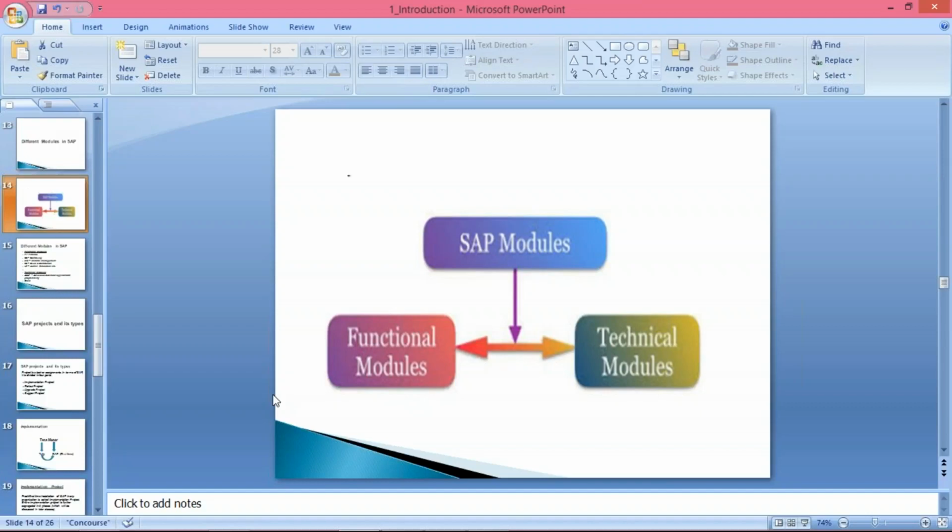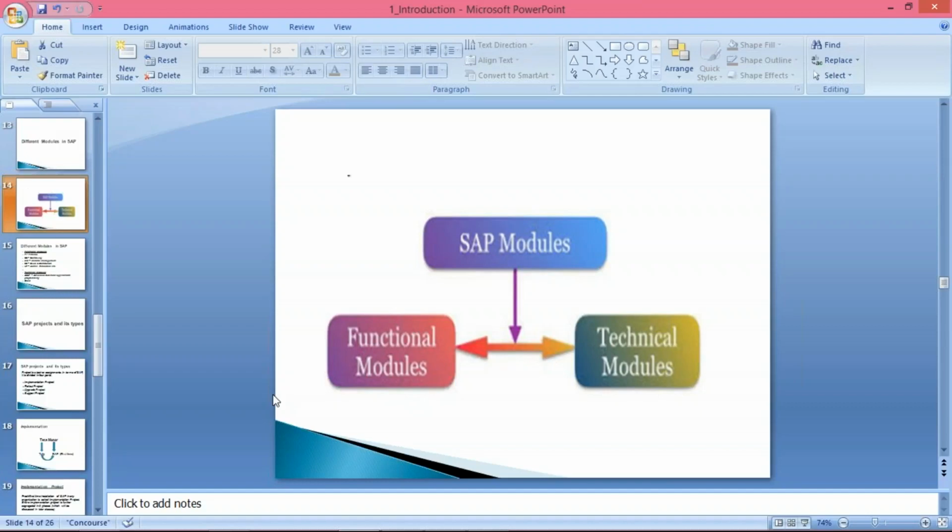Now, the difference between functional and technical, you will come to know later, because once we start the practical sessions, I'll explain certain things like development related activities and all. Then at that point of time, you will have a clear understanding of the exact difference between functional consultant and technical consultant.